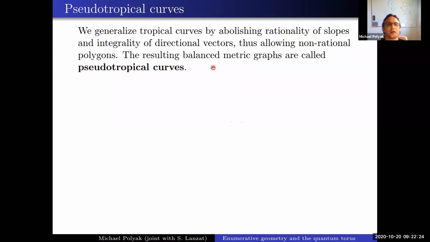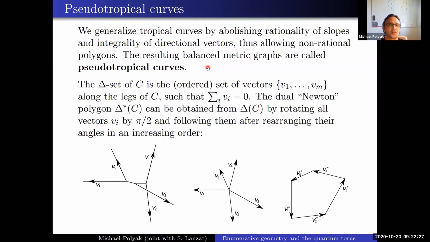So the whole theory is developed exactly in the same way as for honest tropical curves, but the only difference is that now when you look at these legs, they don't have to go in these fixed standard directions, like it was, say, for the triangle, which corresponds to plane curves, but they're allowed to go in any direction, and also these vectors assigned to these legs don't have to be unit vectors, but can be any vectors.